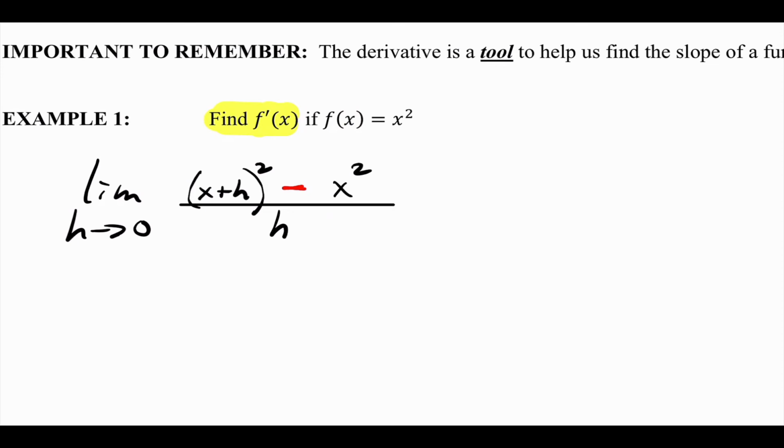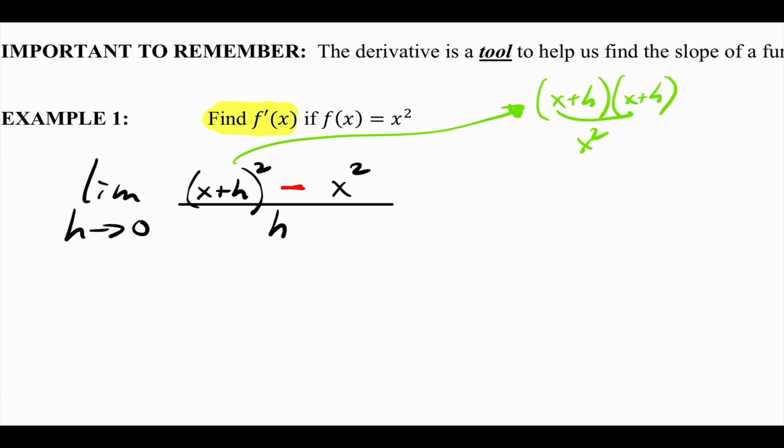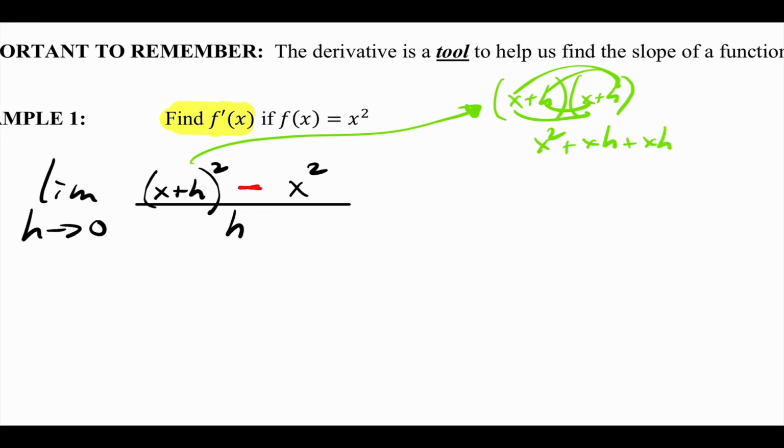Okay? So this guy over here, I'm going to expand so that I don't have that. Multiplication box, 2 by 2 multiplication box, or you can do FOIL: first, outer, inner, last.